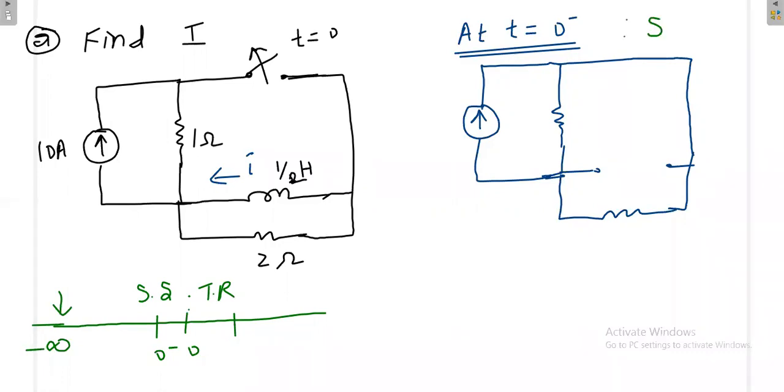Once the circuit is in steady state, what is the nature of the inductor at steady state? Open circuit or short circuit? Short circuit. The nature of the inductor at steady state is short circuit.